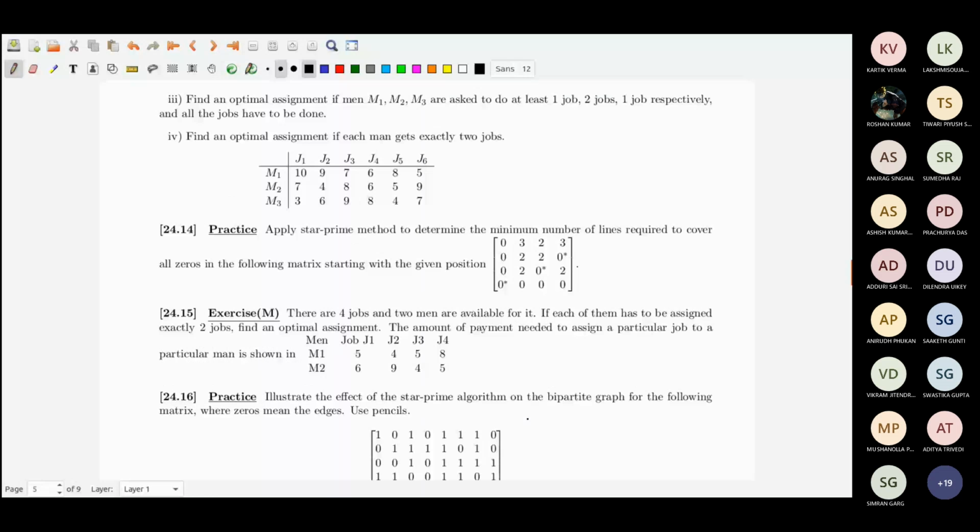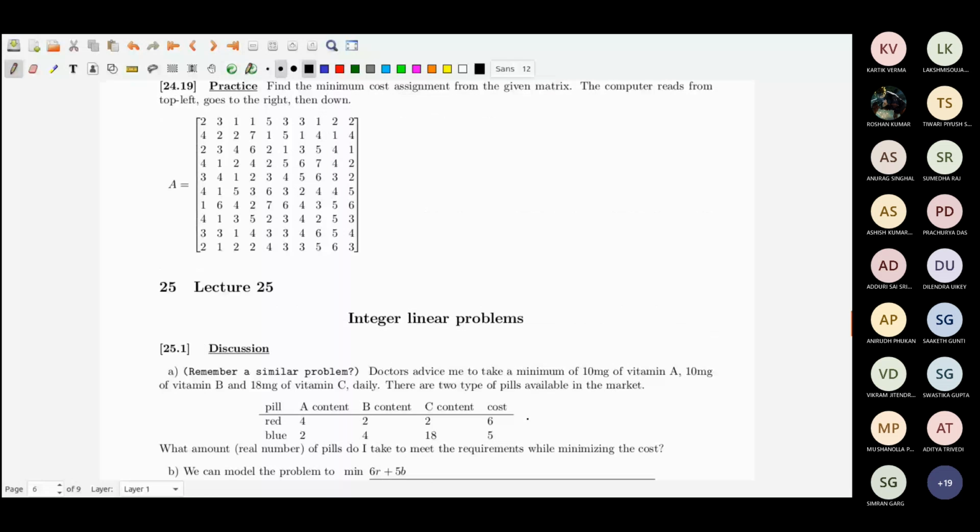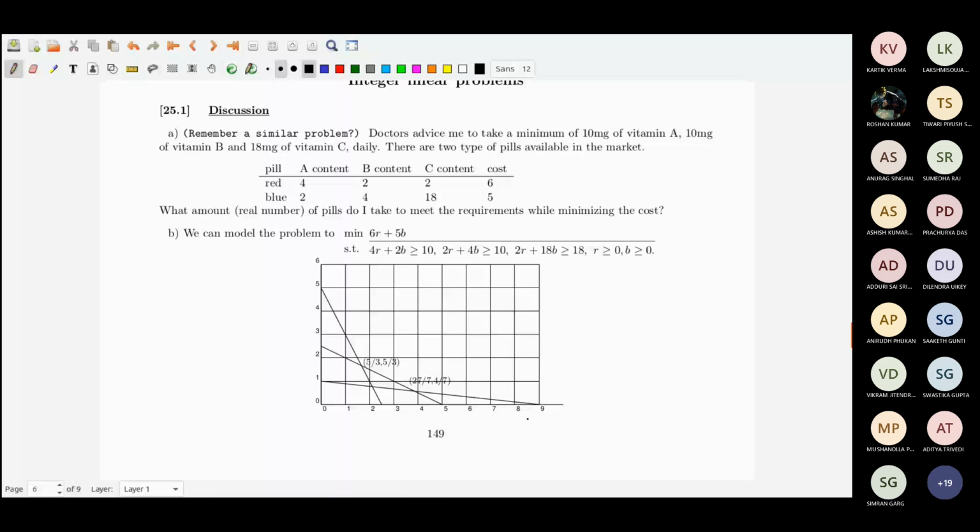The integer linear problems. You remember, in the very beginning we had a very similar problem, that doctors advised me to take this much of vitamin A, this much of vitamin B, this much of vitamin C, something like that. Only the costs I have changed to make it more suitable.